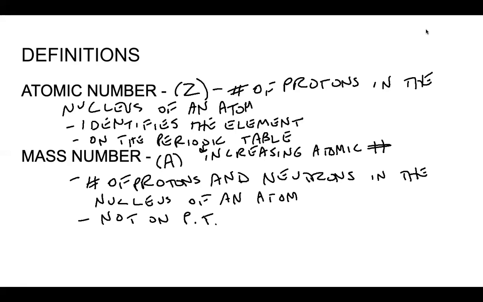All right, so we have atomic number and mass number. And now we can get to our definition of isotope. So what are isotopes? Well, let's look at the word isotope. Iso means same, like an isosceles triangle, which has 2 sides the same length. And topos means place. So specifically, we're talking about the same place on the periodic table.